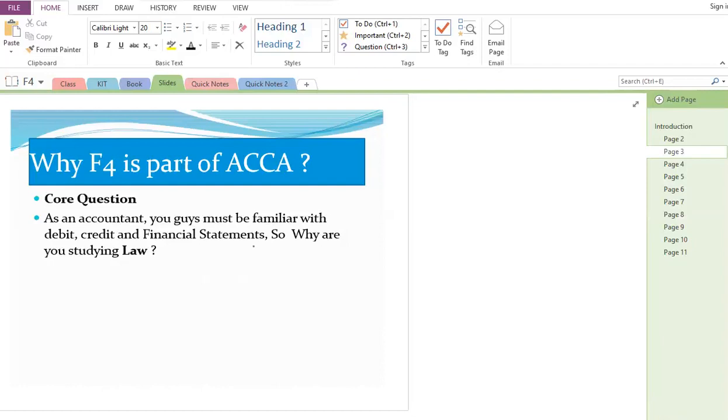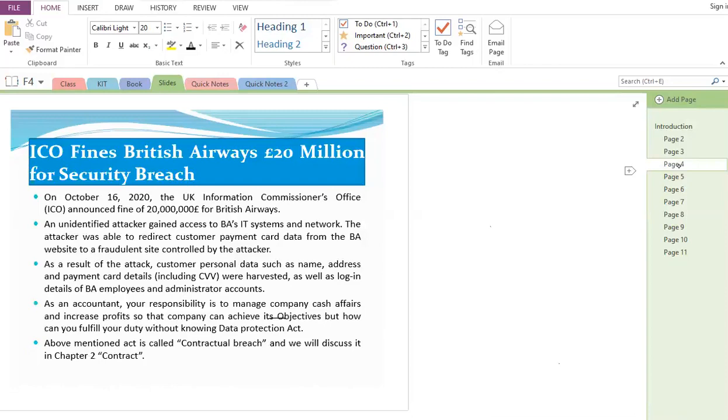So this is your future. But at this level, you are going to study the law. So what is the reason to study the law at this level? The answer to that question is very important, and you need to know why we are going to study this paper. So let's try to understand this issue with a case study.